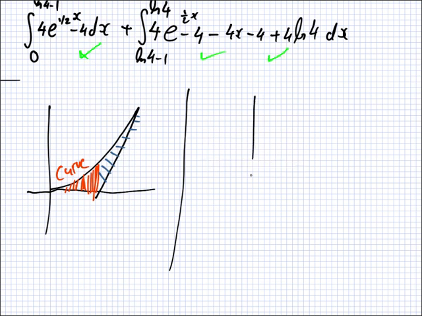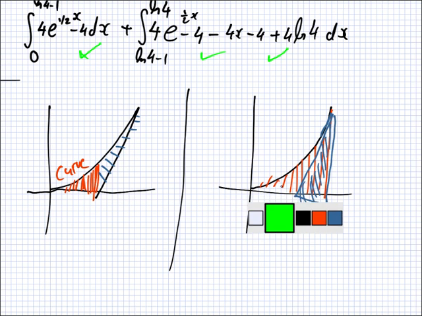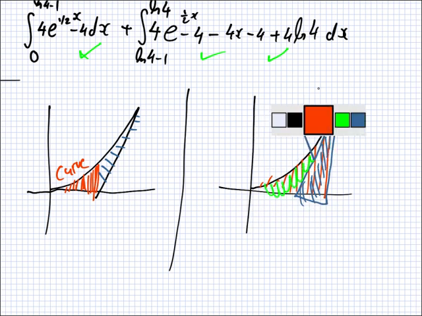Or the other way, which a couple of people have said, you can get the whole area under the curve, and then cut out this triangle here, and that will leave you with the piece that you want, which is that bit there. Both are fine.